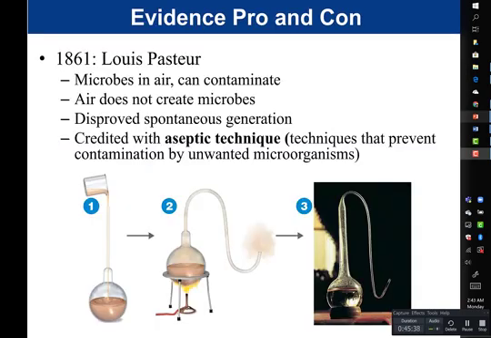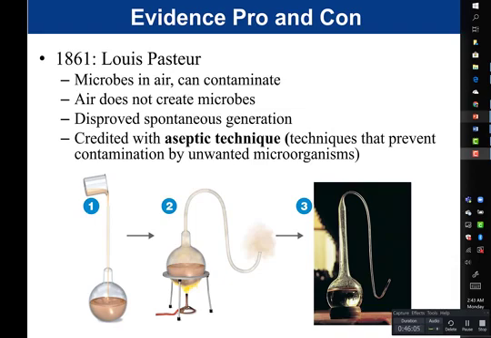So you want to think of your answer, and during the discussion, we will discuss this together. And so based on the results of these experiments and the one that we will talk about later, 1861, Louis Pasteur showed that microbes in the air can contaminate, but the air does not create the microbes, because the air could get in. However, when he had his S-shaped flask, he did not get growth in that flask.